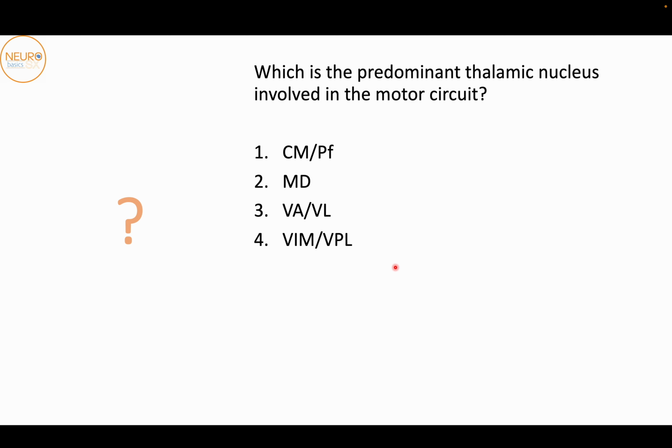The VA/VL or the VIM/VPL? So the answer is the ventroanterior ventrolateral nucleus of the thalamus.